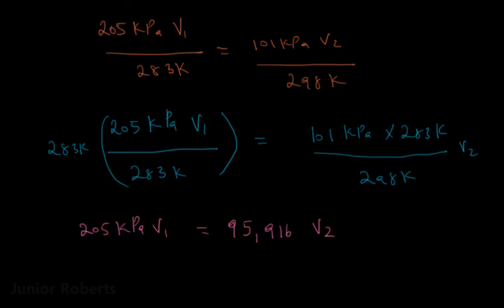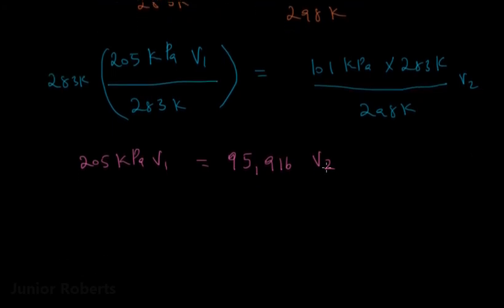So now we'll actually get a chance to see what the ratio of V1 to V2 is. Now because I have 205 kilopascals on this side, I'm going to divide both sides by 205 kilopascals. So when I divide this side by 205 kilopascals, I'll end up with V1 equal this times V2.